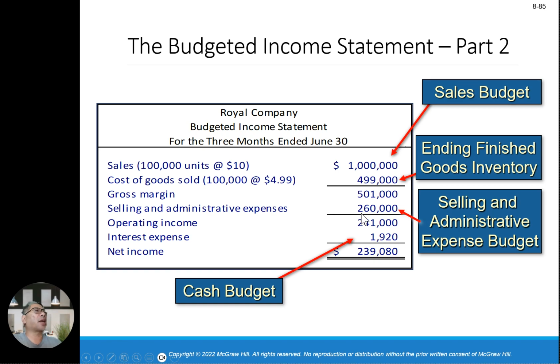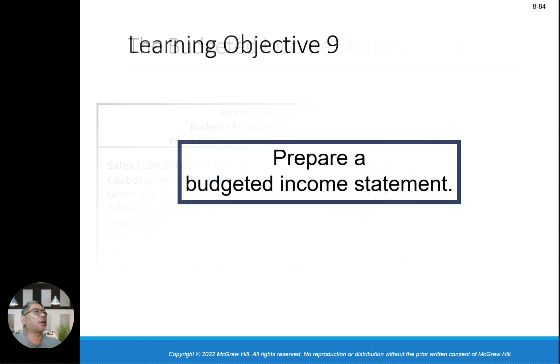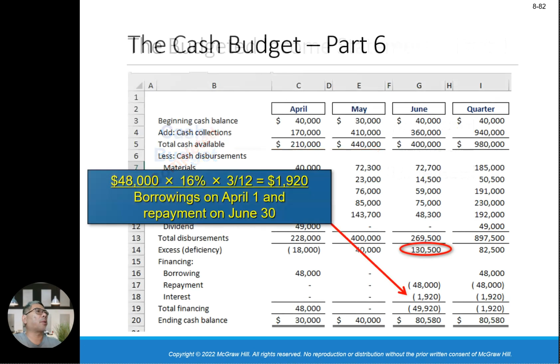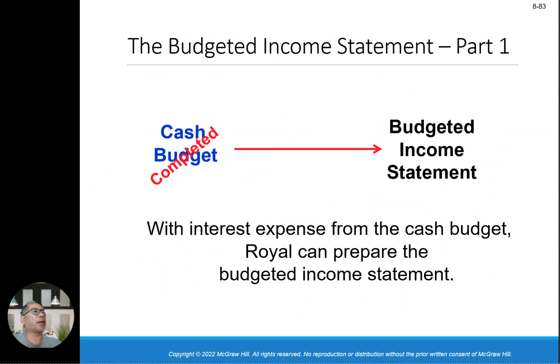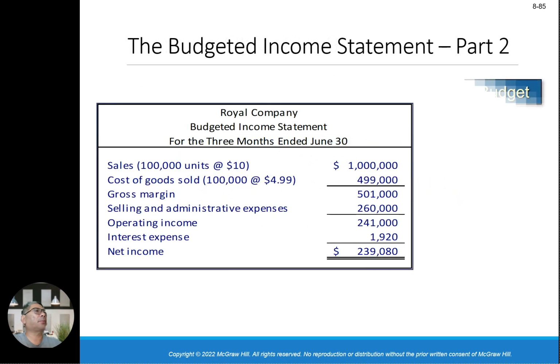You get selling and administrative expense of 260,000, operating income of 241,000, and then you get the interest expense of 1,920. Remember where you got the 1,920? From the previous one, there you go. That's where you get that number. This is the calculation. Let's look at this example again and move forward to the next one.